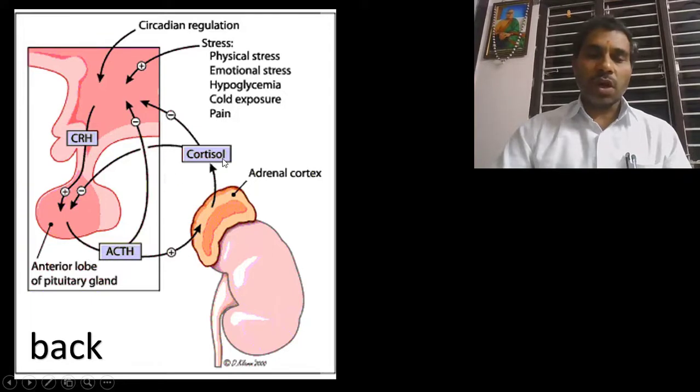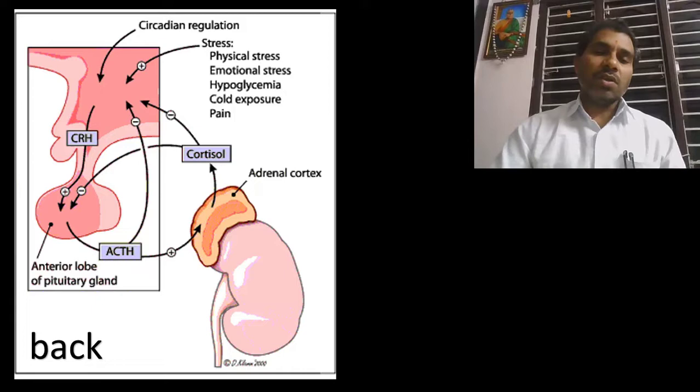If the cortisol hormone is increased, that is called feedback inhibition: this information is communicated to the anterior pituitary to stop the secretion of ACTH. Therefore the cortisol secretion is stopped. This is called feedback inhibition.